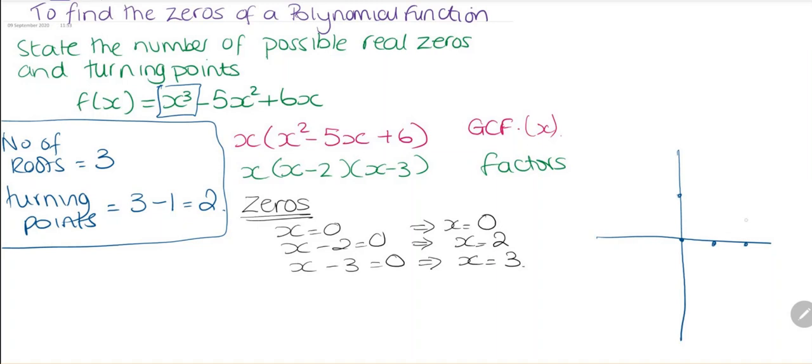Our graph is going to come down through here, and then it's going to go up, and it's going to come down through the 0. So this is the 0, and we've got a point here at 2, and this point here is going to be 3.